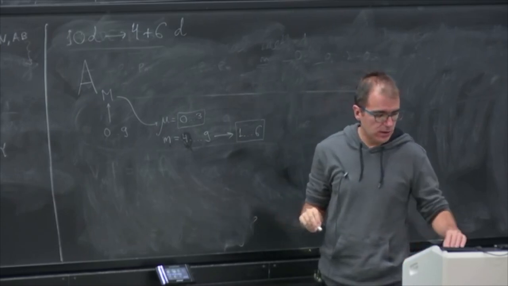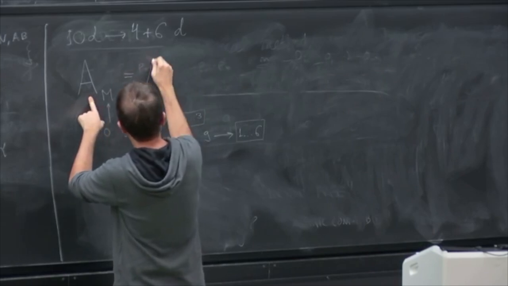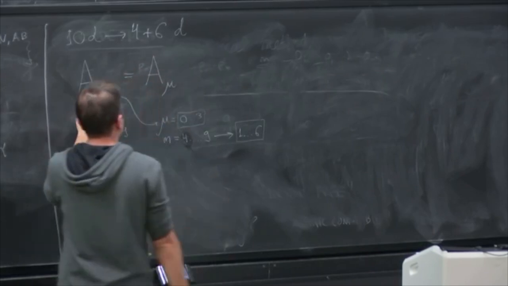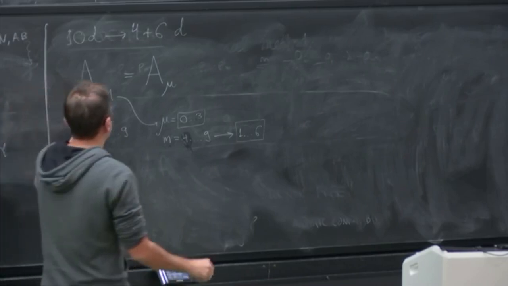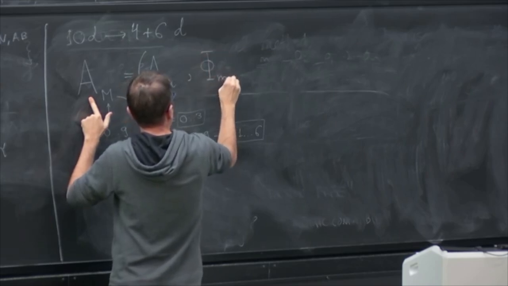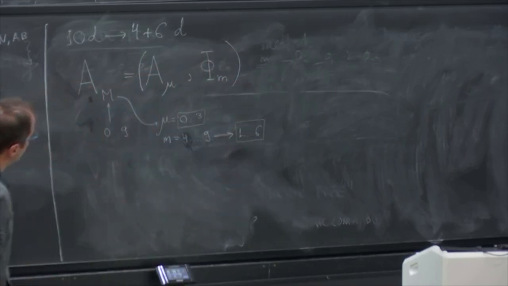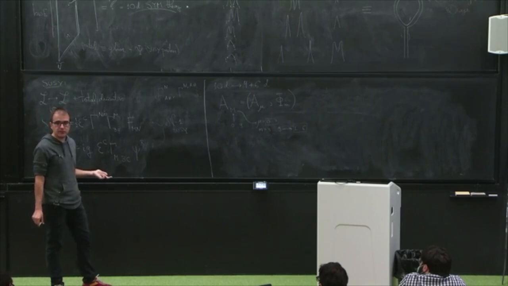Now, once we do it, this field becomes, let me use this notation, A mu when we are in the first 4 directions. But when we are in the other ones, I call it phi m. Why did I call it phi? Because now, if things only depend on 4 dimensions, these other components transform as scalars.